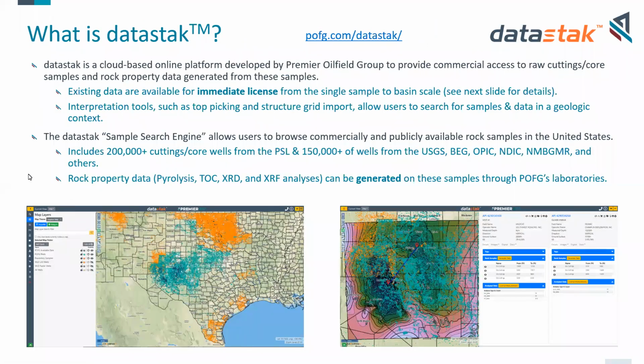And we put these into a cloud-based platform, which allows you to access this data. It's by obtaining a license, which is free to obtain. You can find out what samples are available, and then it's possible in the US to purchase that data.